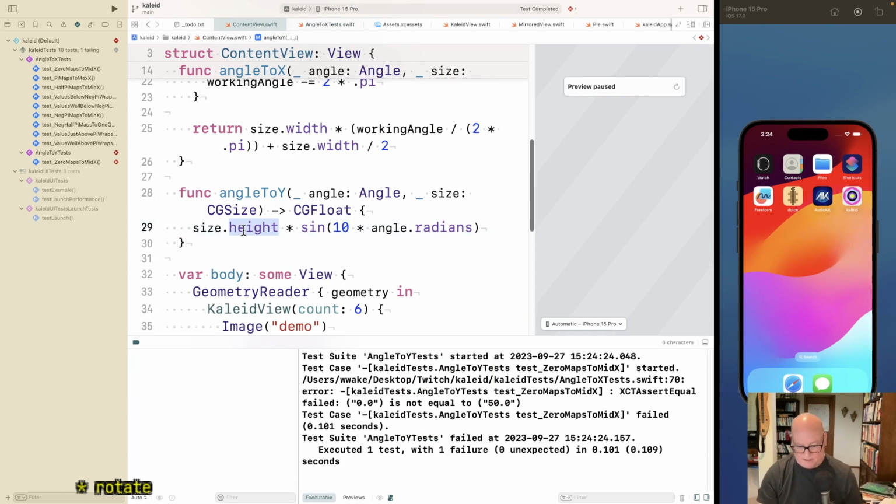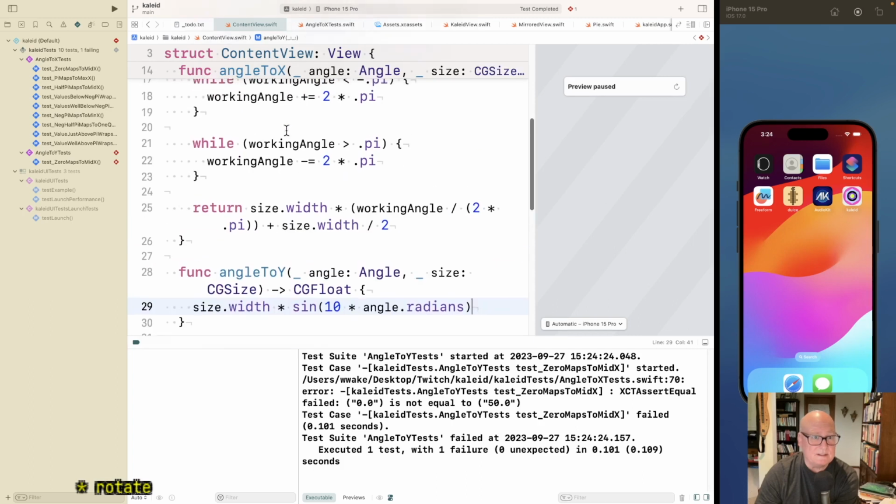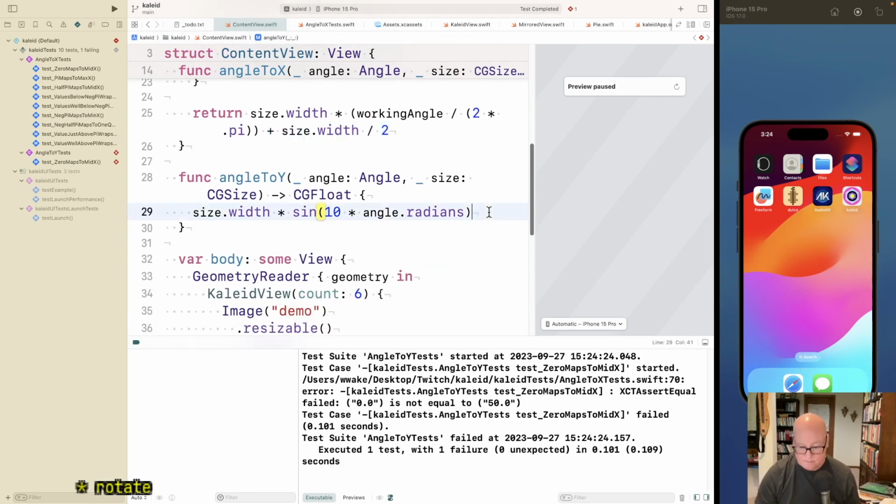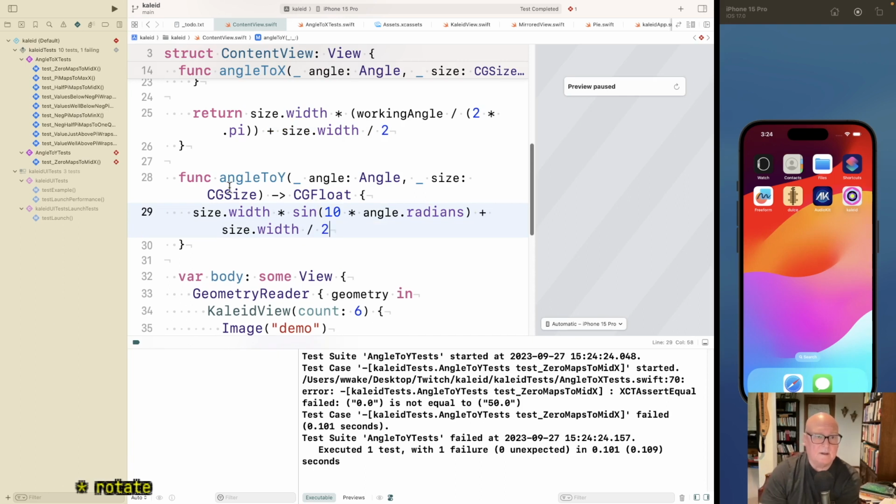this, well, one thing is this should be the width, surprisingly, but I think that's what we want. Angle.radians, it's like this one. We have to add the width in to get it where we want it. Okay, so I think that will be okay.